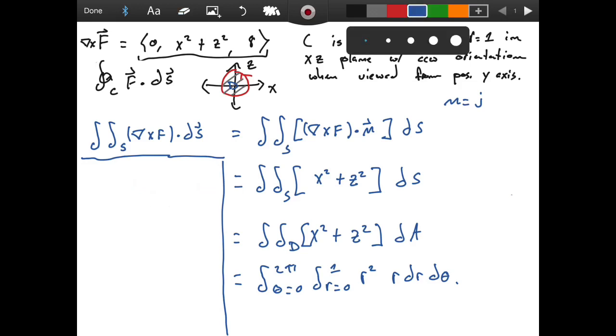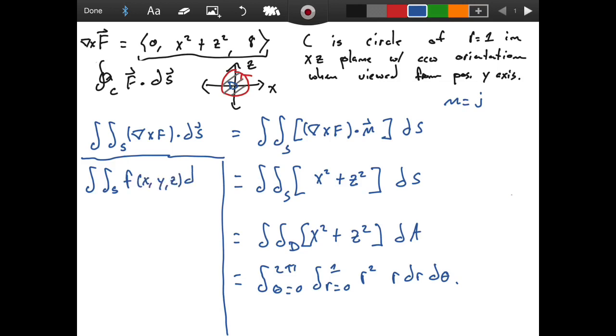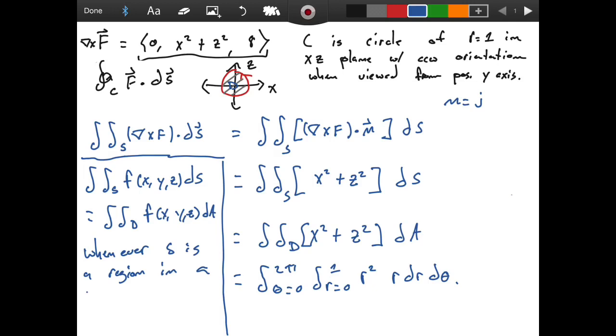It's just the fact that when you are looking at an integral over a surface, so let's say you have a surface and you want to do the surface integral of a scalar field, a function of x, y, z dS, this is just equal to the integral over the parameter domain D of f of x, y, z dA whenever S is a region in a coordinate plane.